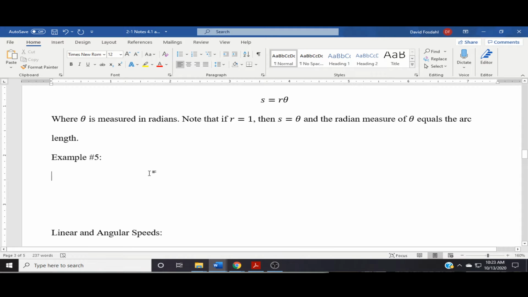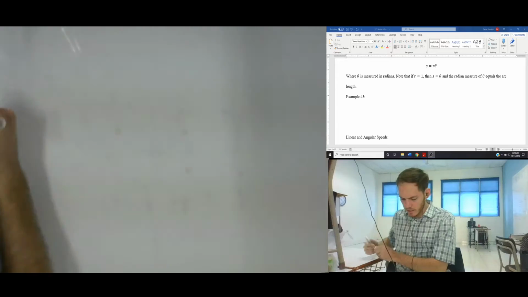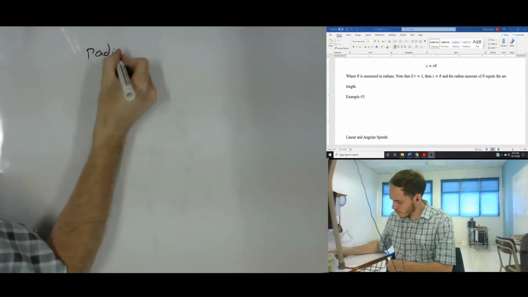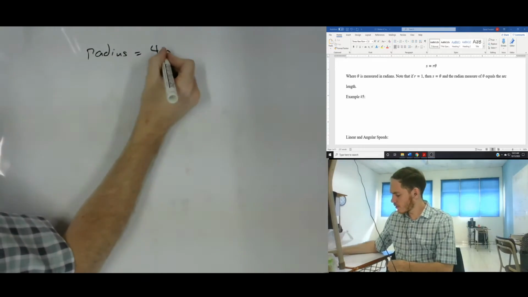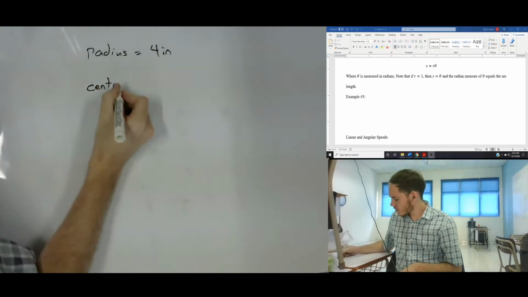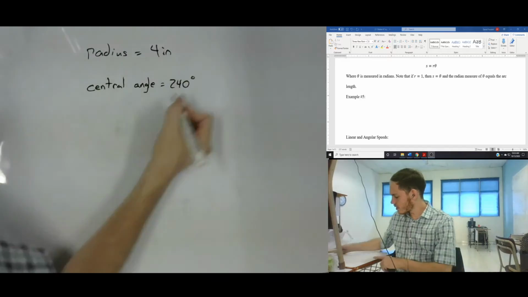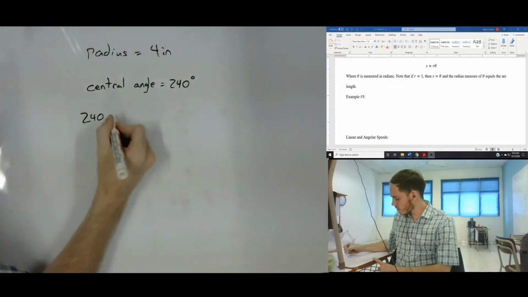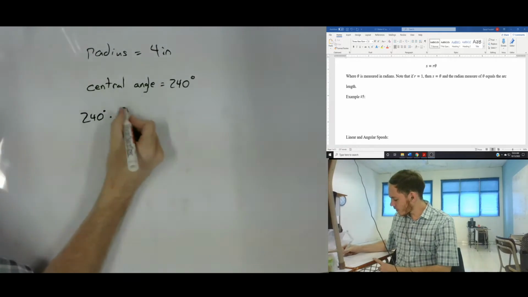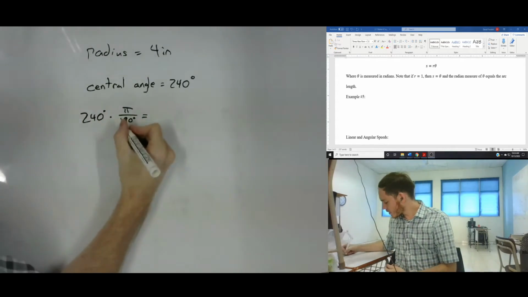So this is example 5. If you have a circle with a radius of 4 inches, and we have a central angle of 240 degrees, what we're going to do is first take 240 times pi over 180, and let's just cancel.